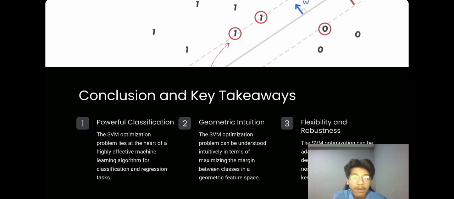The SVM optimization problem can be understood intuitively in terms of maximizing the margin between classes in a geometric vector space. 3. Flexibility and robustness. The SVM optimization can be adapted to handle nonlinear decision boundaries and noisy data through the use of kernels and soft margins.